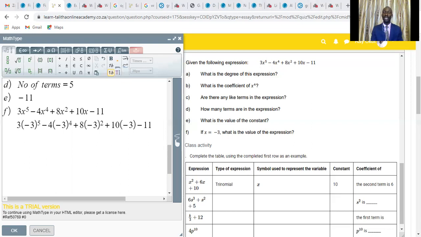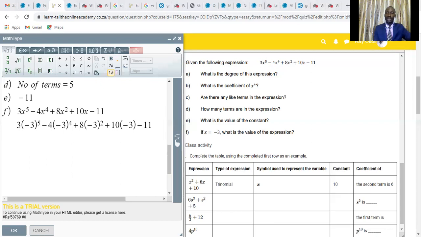Then we close the bracket, then we put raised to 5. Then, well, this seems not to be giving me what I want. So, how else can we handle this? This calculator should work. Okay.